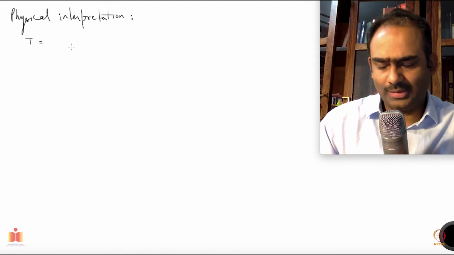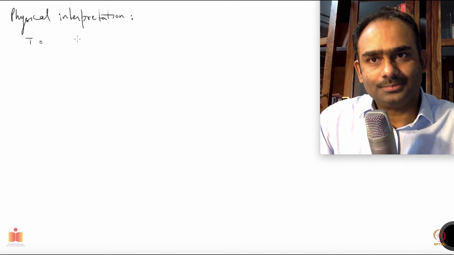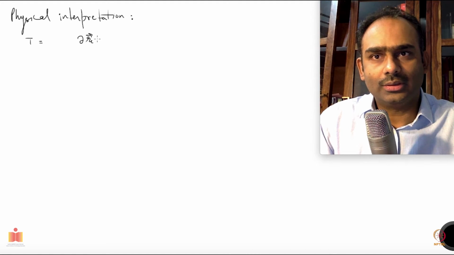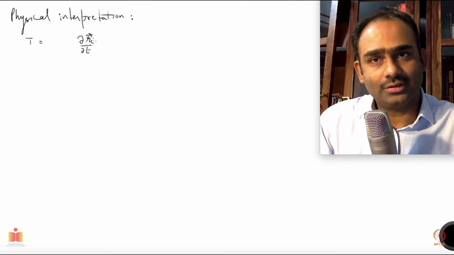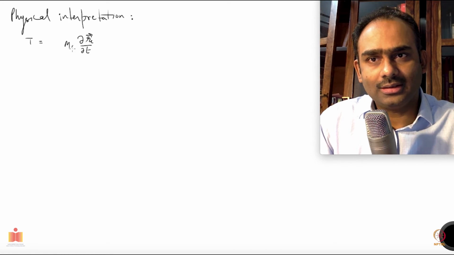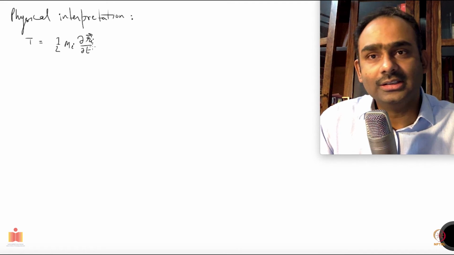If you go back to your notes, you will find this expression: the derivative of R i with respect to t, where R is a function of the generalized coordinates and time. m i, where i is the label of the particle, and you have a half. I omit putting a summation because the index i is repeated twice, so it's clear that there is a summation involved here.